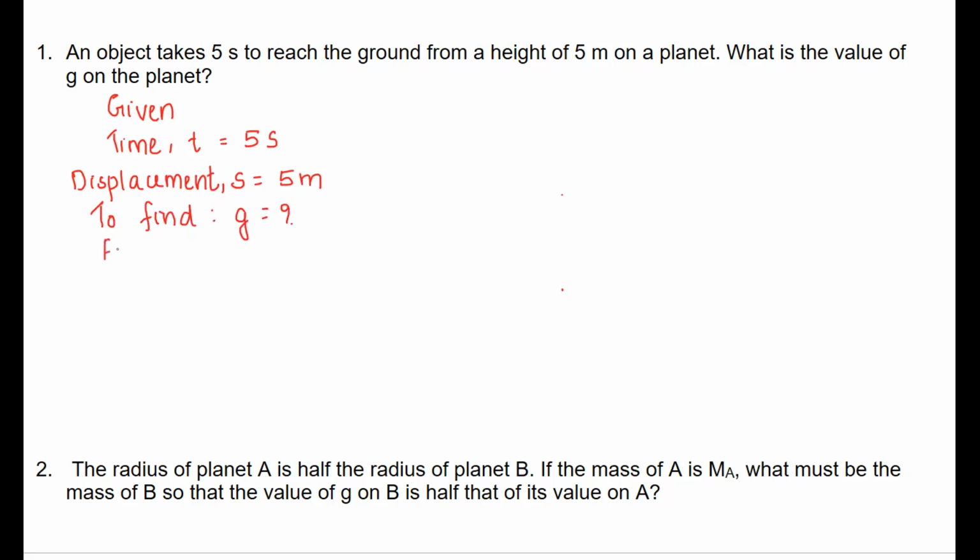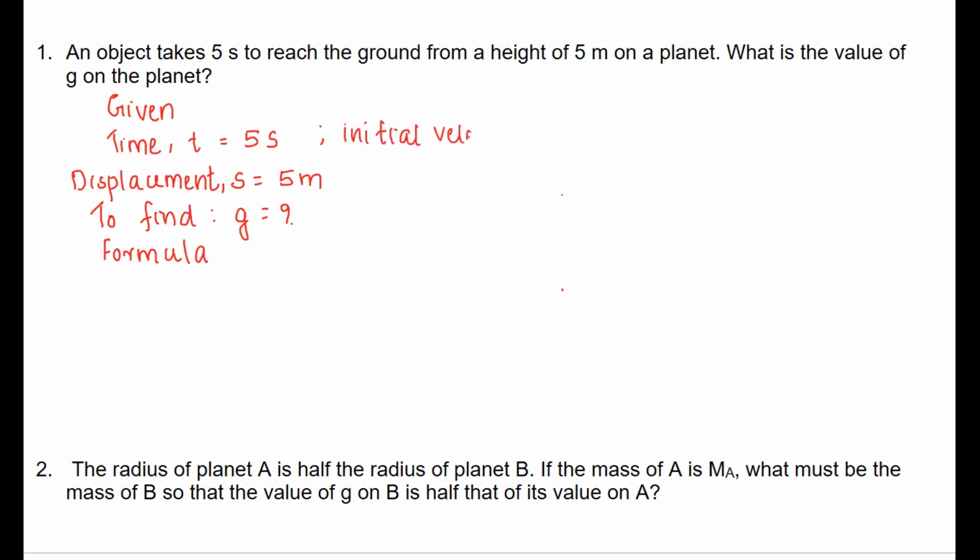Next step, we have to write the formula. S and t are given, we want to find out g. Now, the object is at a height h from the ground. So, initial velocity of the object will be 0.